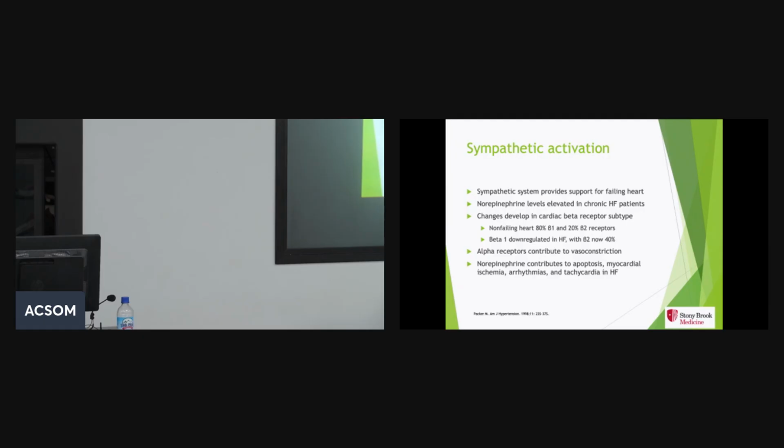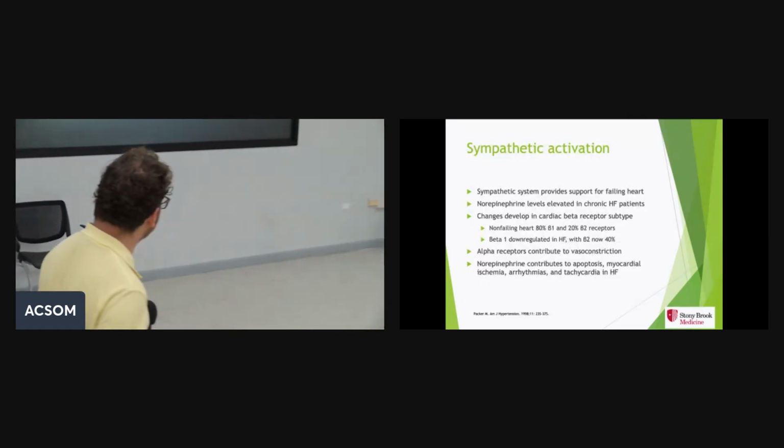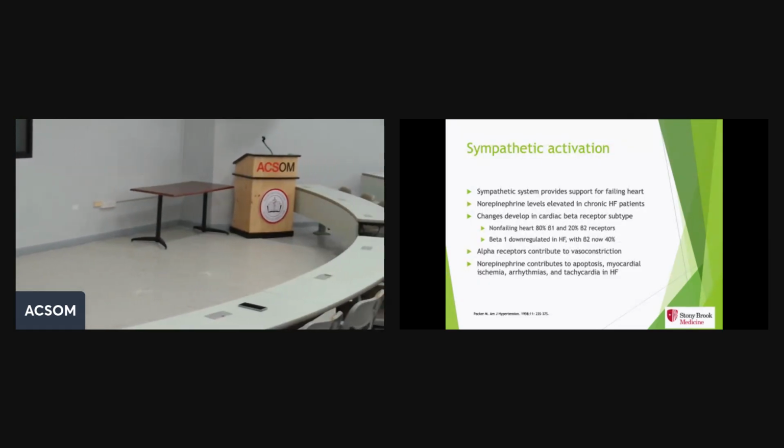It blocks the sympathetic activation in a dose-dependent manner. So if you can get them on a high dose, what do you think their sympathetic hormone in the circulation is going to be? Low. Good or bad for heart failure? Excellent. Okay? So, like I told you, the sympathetic system is providing support for the failing heart in the short term.